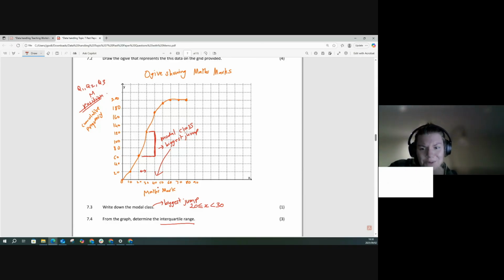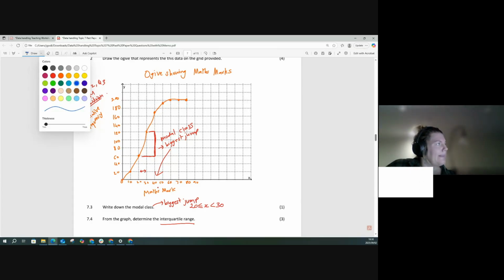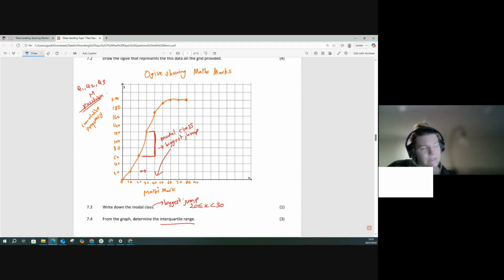Yeah, that's pretty close. So I would say the position of quartile 1 is about position 50 and quartile 3 is about 150.